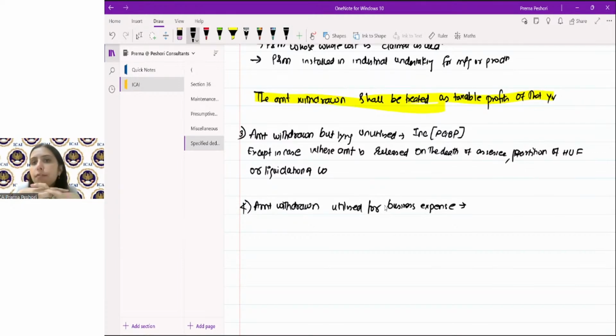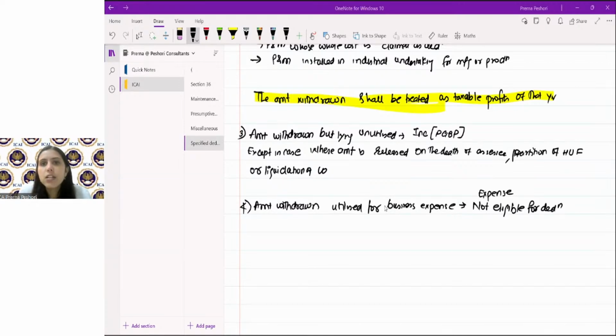Let's say I have withdrawn the amount and used it for the purchase of raw material, or paid the salaries. Can I claim the deduction of the salaries again? The answer is no, because we are already allowing you the amount withdrawn as the deduction under 33AB. When you pay the salaries, that would result in double deduction. So the expense is not eligible for deduction, not the amount withdrawn. Clear?